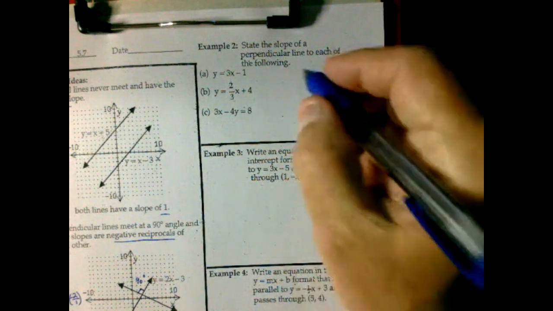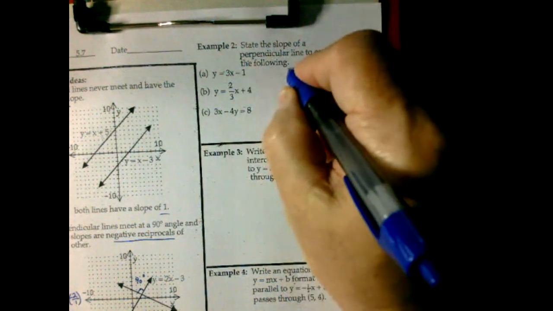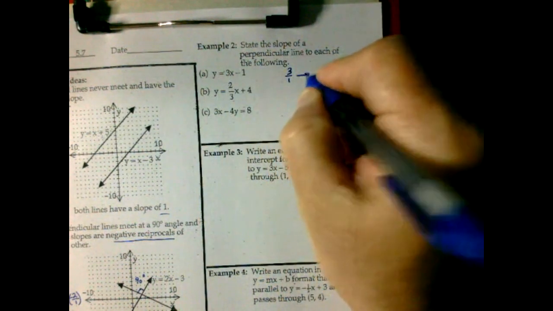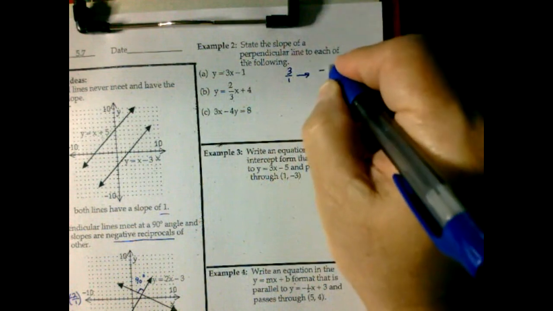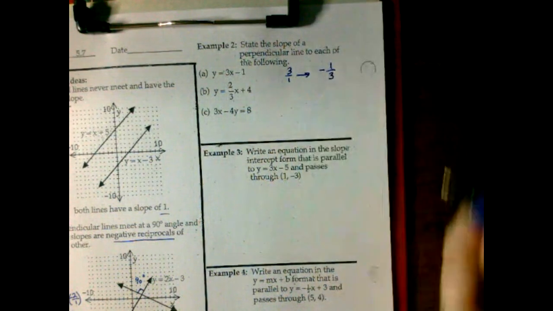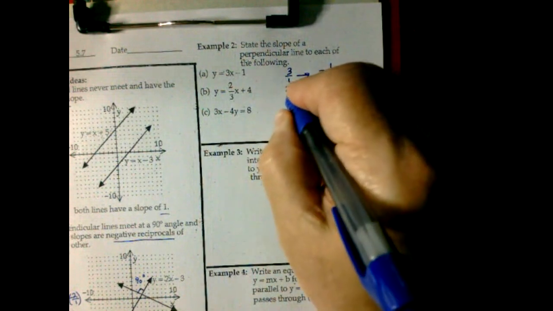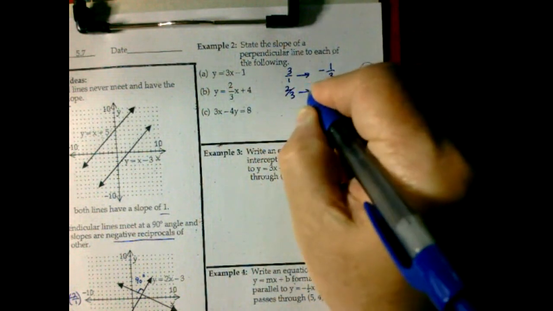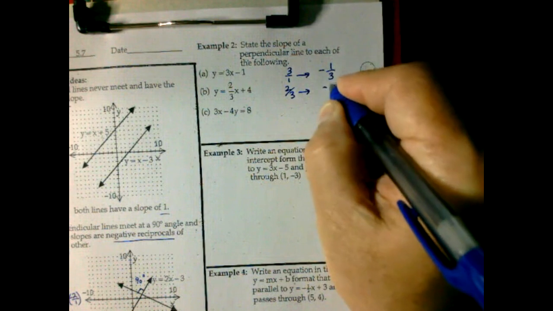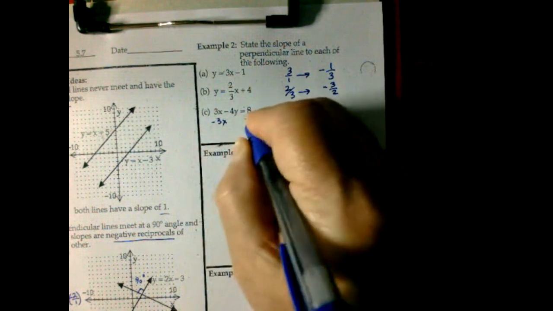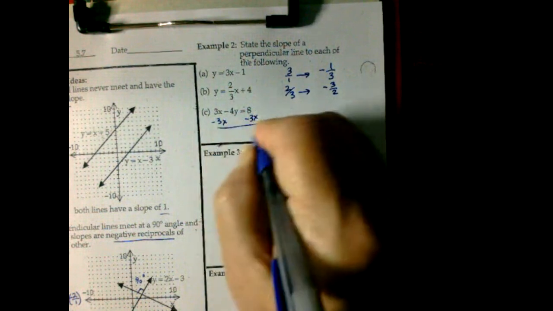We come over here and practice our skill with perpendicular lines. We look at this, which is 3 over 1. The negative reciprocal will be a negative and flip to 1/3. Same thing here. If we have a 2/3 here, we flip and put a negative sign in front. We have to rearrange first, take away the 3x, like that.